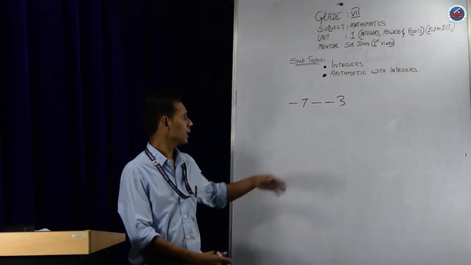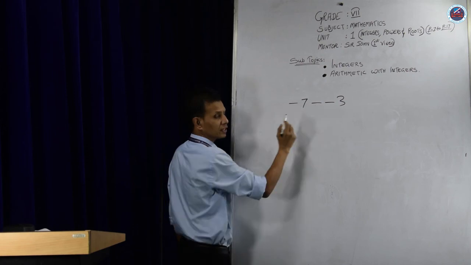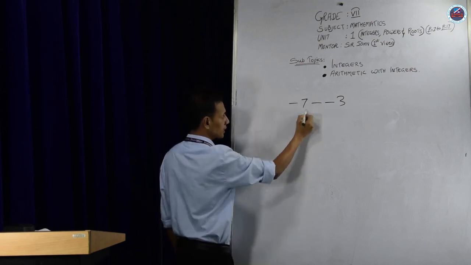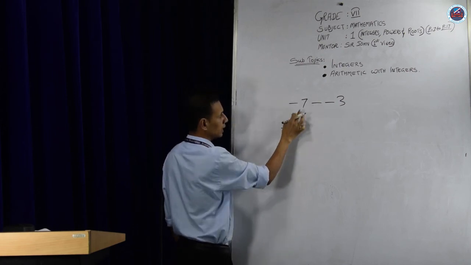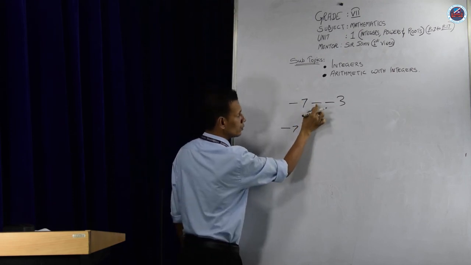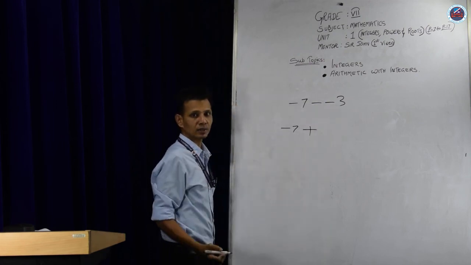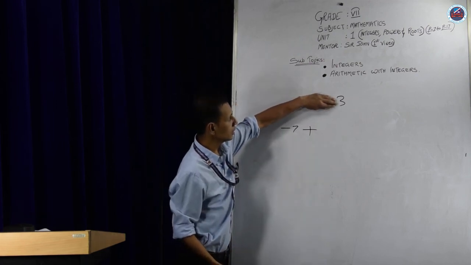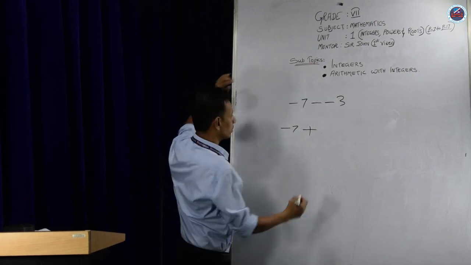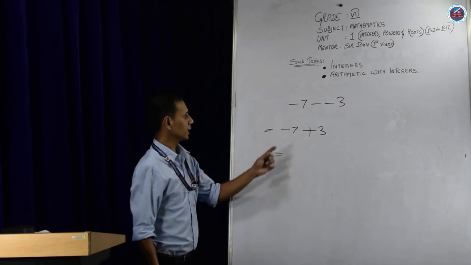Let me teach you this. See, two signs facing together, so bring this down. Nothing to do. Minus 7 will come down. After that, when you move, you will get minus, plus, right? Minus is done. Now you are left with 3. Bring it down. Can you see here?